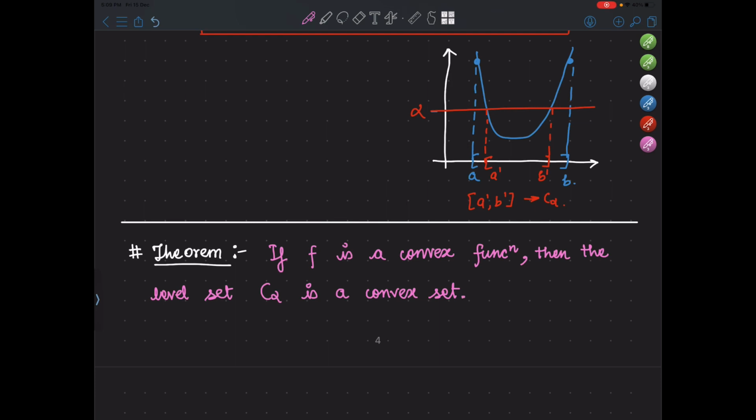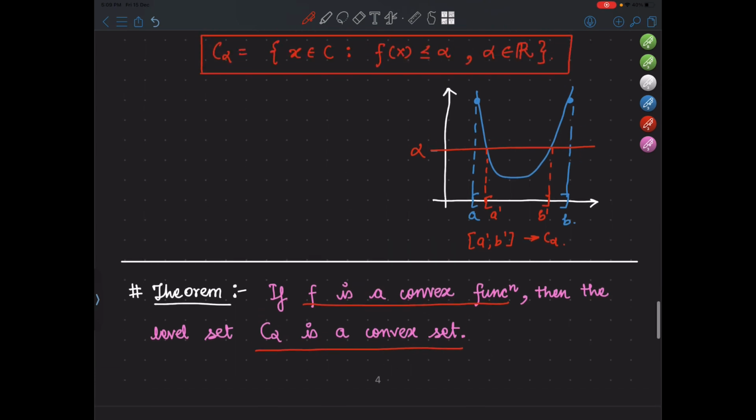So it's a very straightforward theorem which says that if f is a convex function, then any level set C alpha is a convex set. So if you define any level set C alpha according to the above definition, then they all are convex sets.